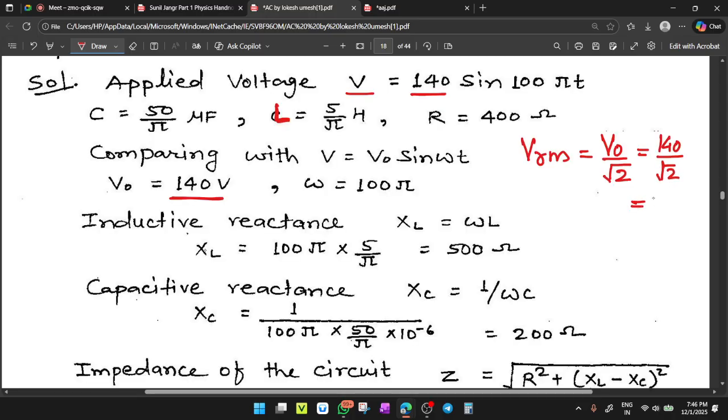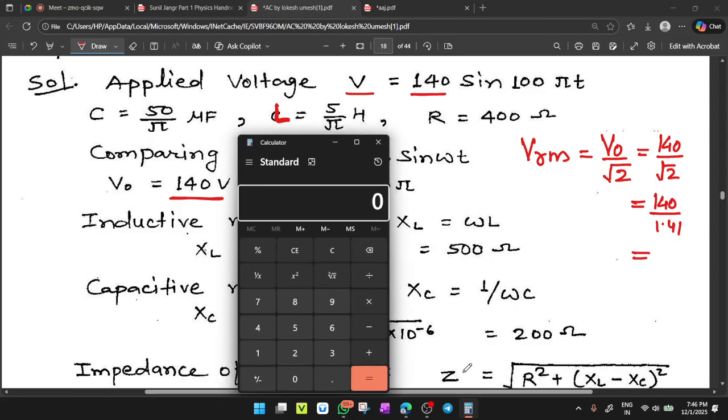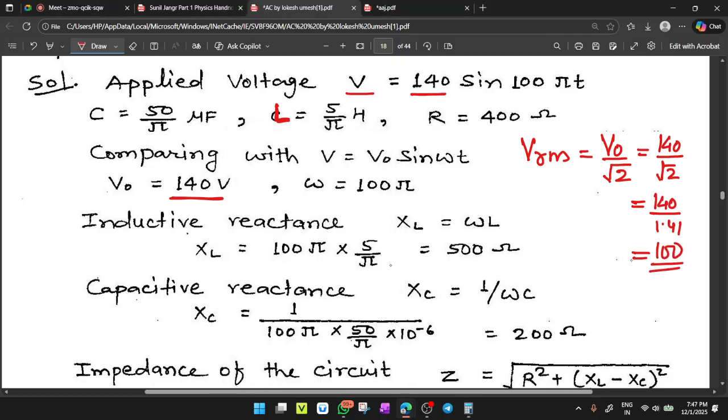If you solve 140 divided by 1.41, it is about 100. Yes, the guess is correct, it is about 100 volt. Omega equals 100 pi.